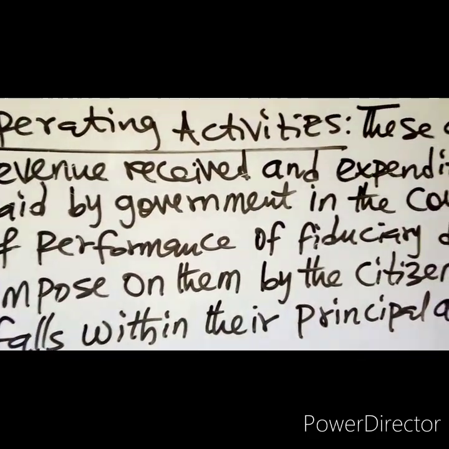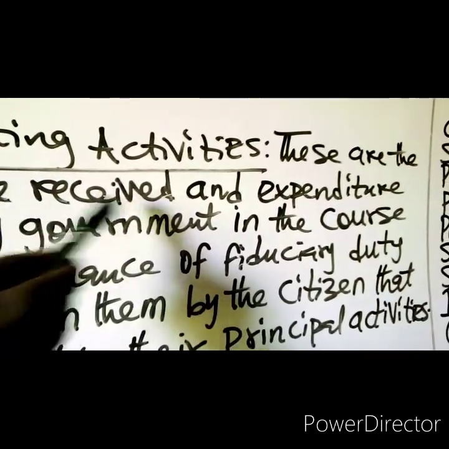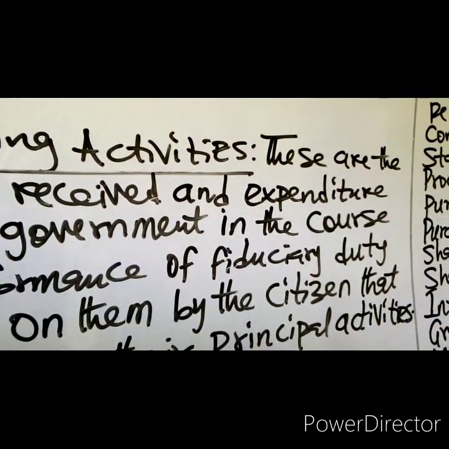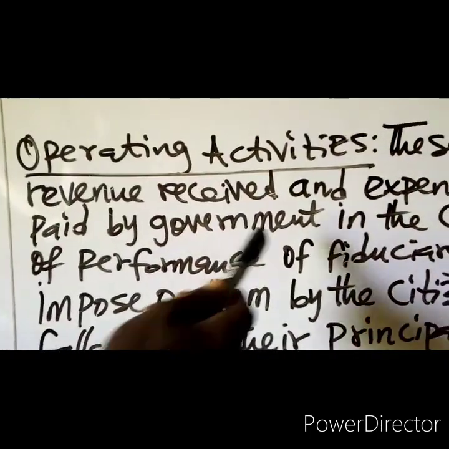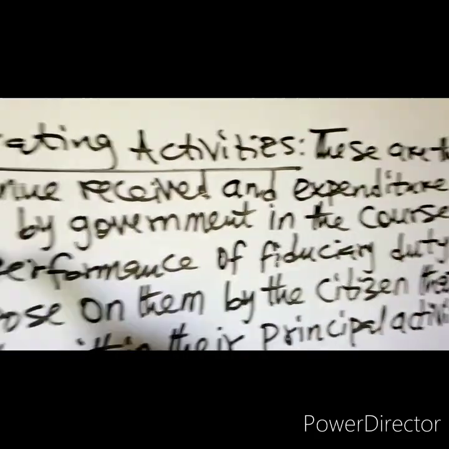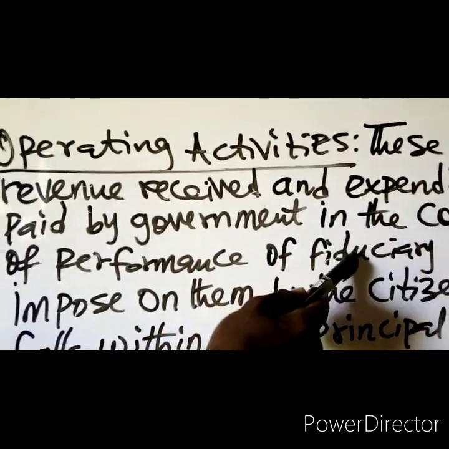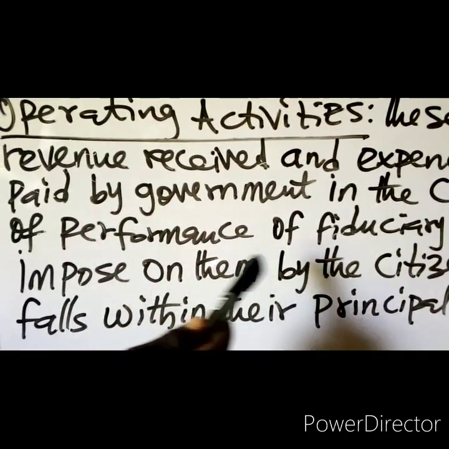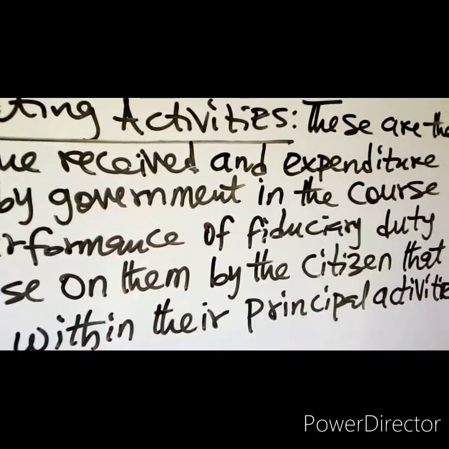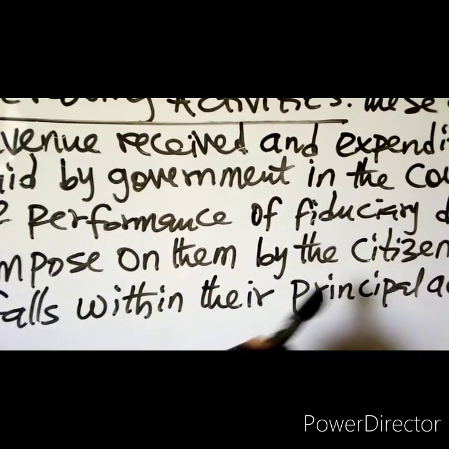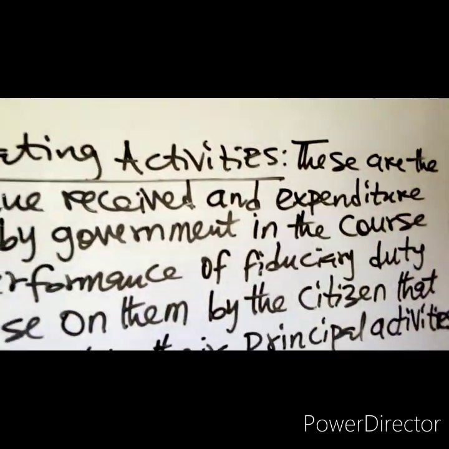I've defined operating activities as the revenue received and expenditure paid by government in the course of performance of fiduciary duty imposed on them by the citizen that falls within their principal activities.